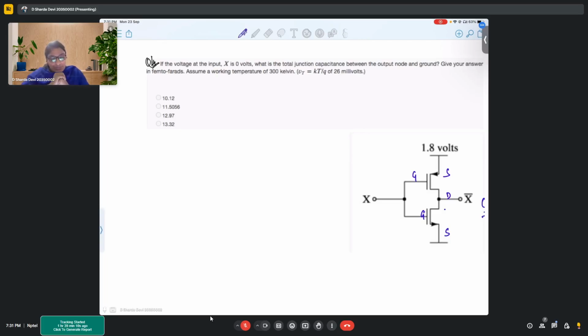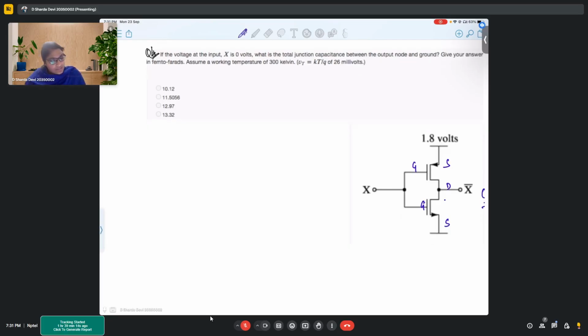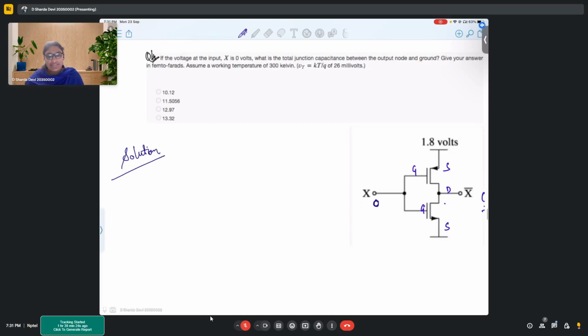Okay. So now in this particular problem, we have voltage input at 0 volts. And what is the total capacitance between the output node and ground? So again, the same capacitance has been asked, and this should be in femtofarads again.